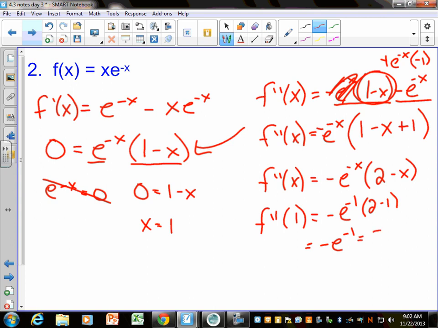That would be the same as negative 1 over e, right? It'd be negative. E is like 2.71. And if you put in the bottom the negative, that's going to be a negative number, which means that that is concave down. So I know that there's a relative max at 1 something. Not negative 1 over e, right? I have to plug that 1 back up there.